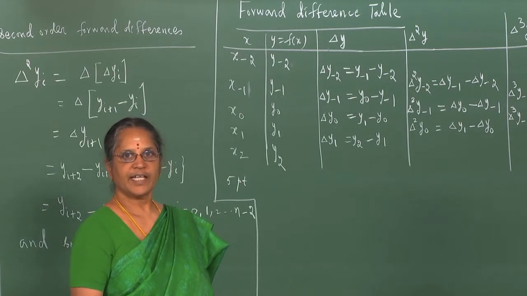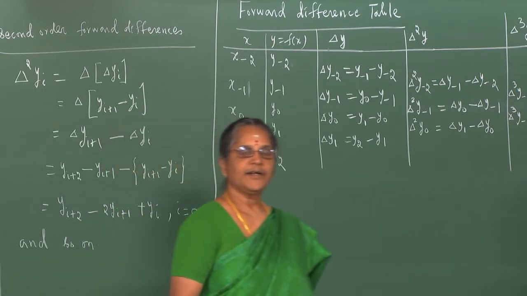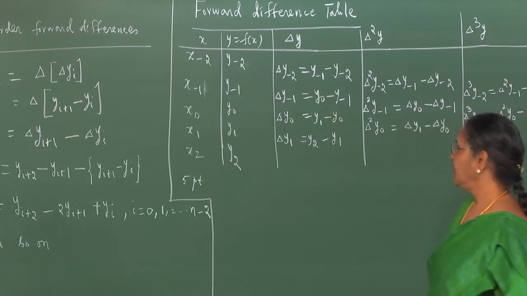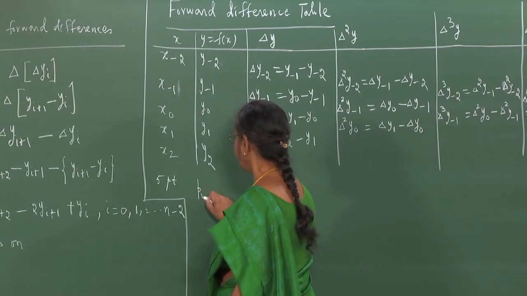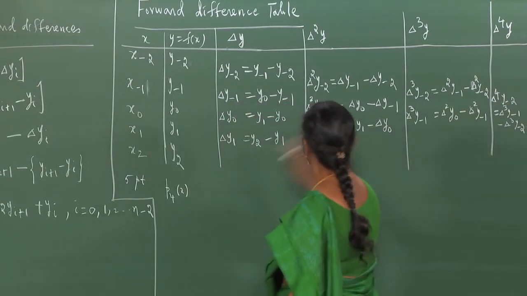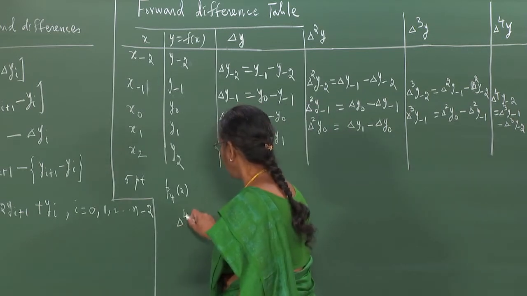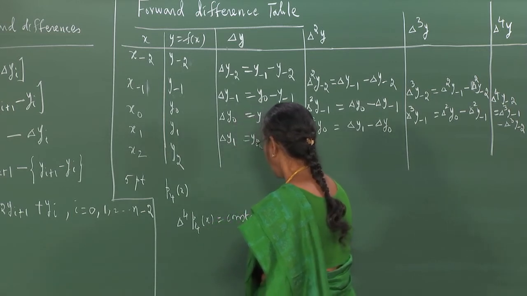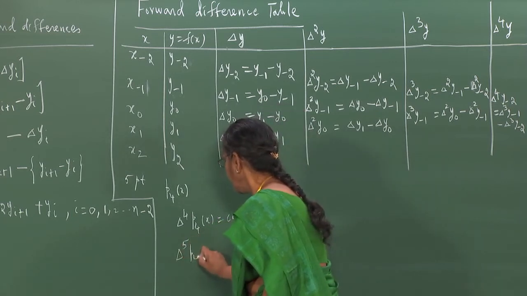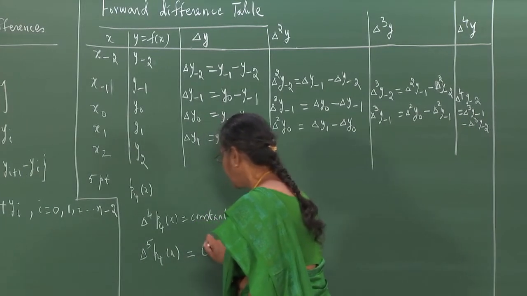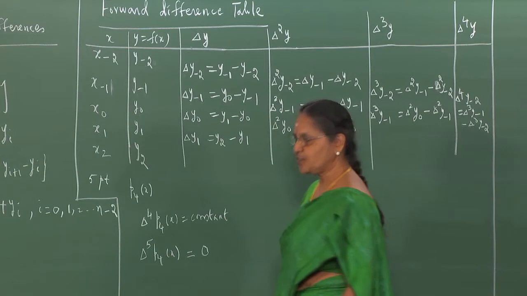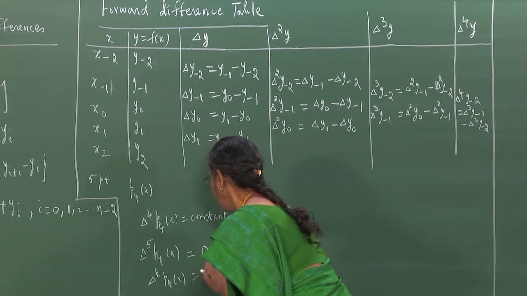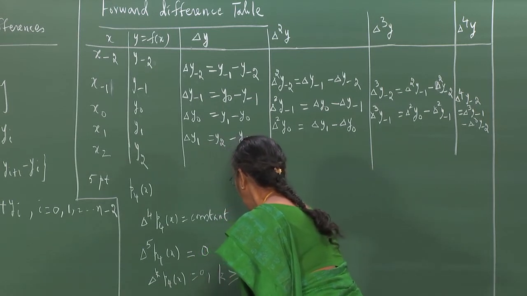We will show that when we take forward differences of this polynomial of degree 4, which I call P4 of x, the fourth order difference of P4 of x will be constant, and the fifth and the higher order differences will all be equal to 0. So, the kth order difference of P4 of x will be 0 for k greater than or equal to 5.